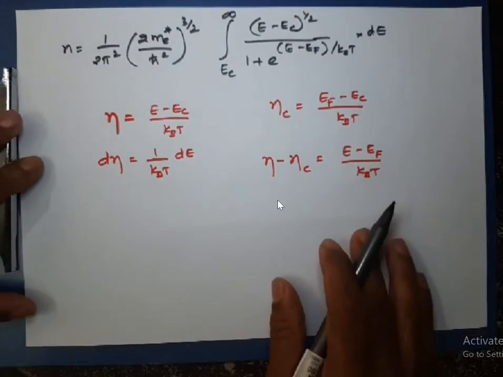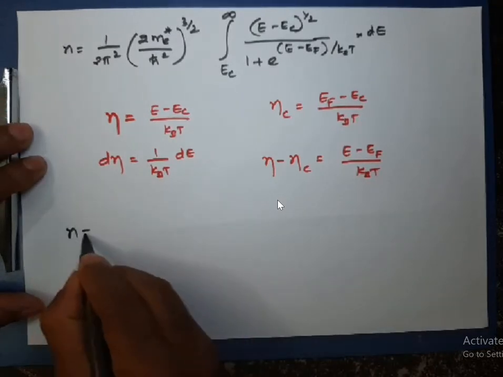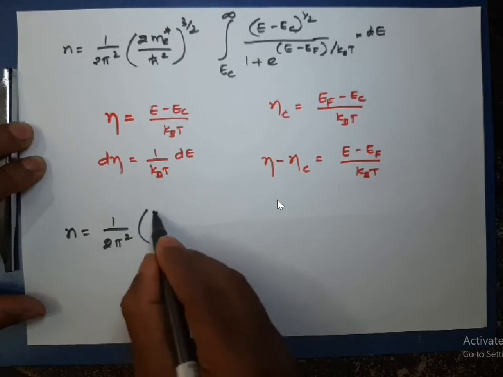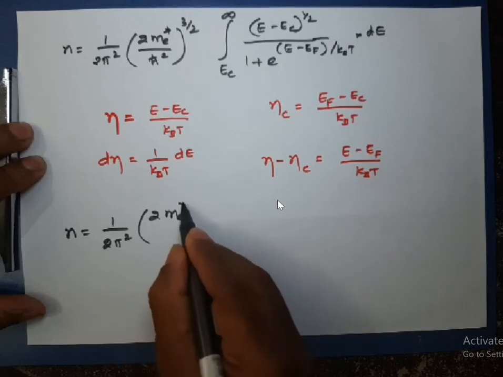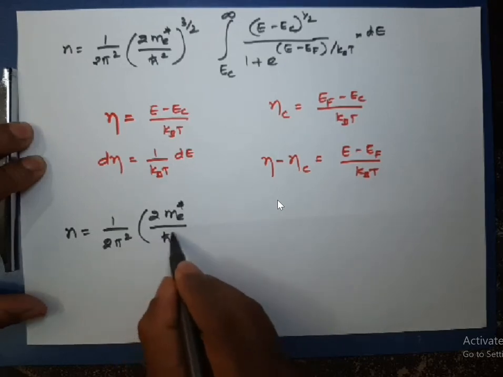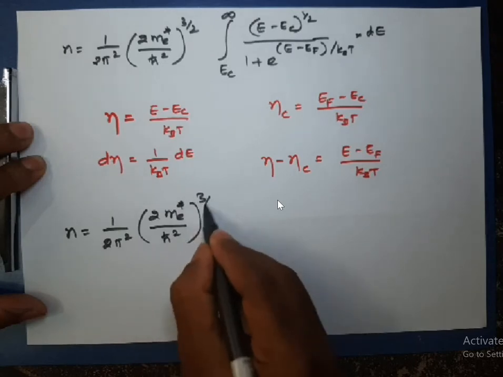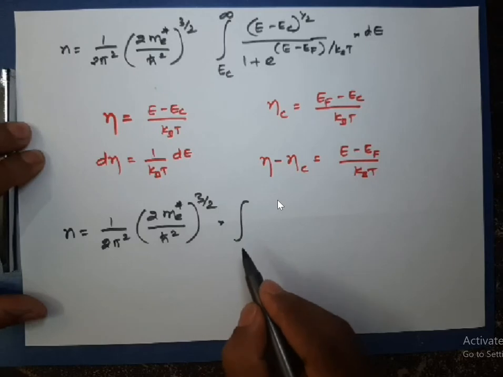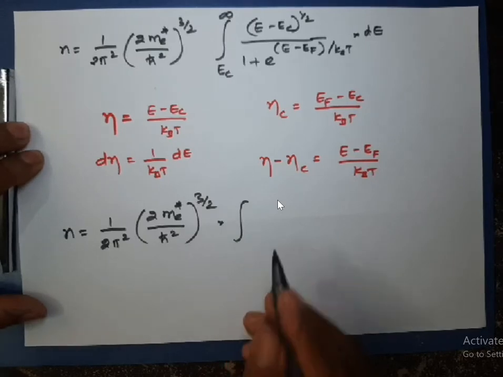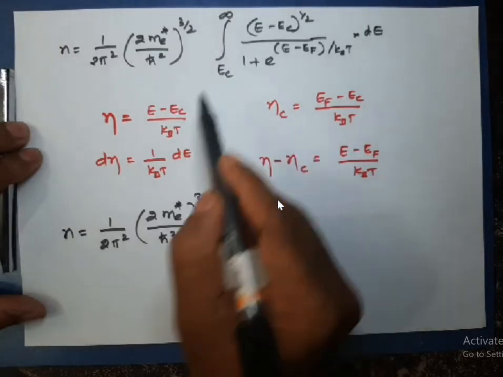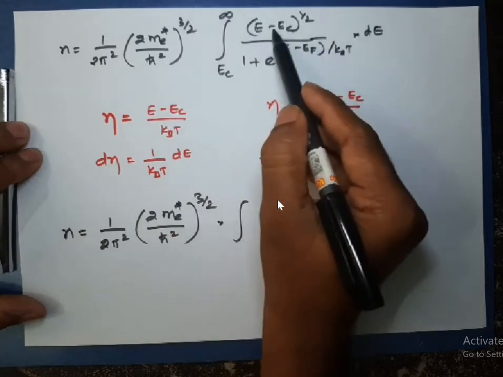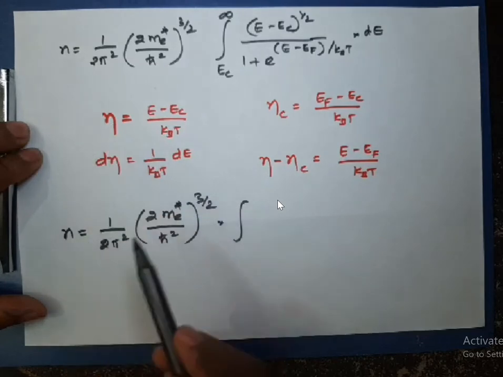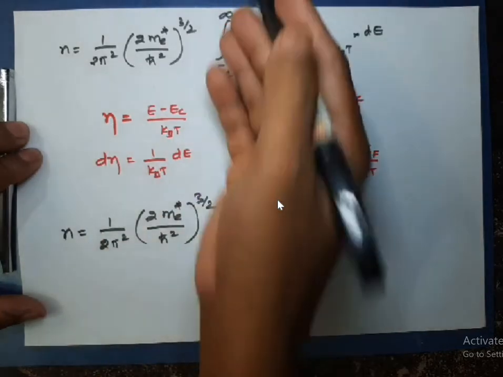So I get N is equal to 1 over 2 pi square into (2 times the effective mass of electron by h bar square) whole power 3 by 2, into the integral. Since we are changing the energy into a new variable eta, we have to change the limits.